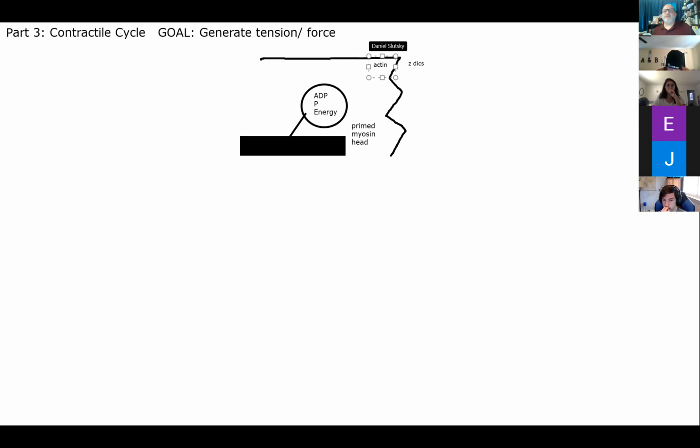And of course, as we've talked about, this process has to begin with moving the regulatory proteins out of the way. So there's my troponin, here's my tropomyosin. We'll draw an arrow to remind ourselves that this has been moved out of the way. And of course, it's been moved out of the way because calcium has bound to it. So again, our goal here is to understand the process of initiation of the contractile cycle.